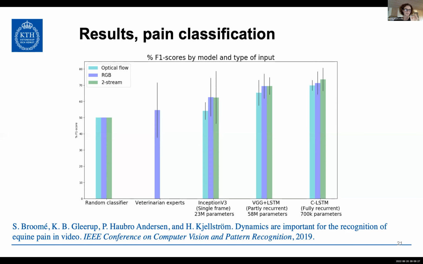You don't look at a 5-second clip of the horse. You interact with it and touch it and see how it reacts to different things. You poke it and see how it reacts. So this is a very unnatural situation for a veterinarian, just to all the veterinarians out there. This is not how veterinarians diagnose pain, but it shows how difficult this problem is.